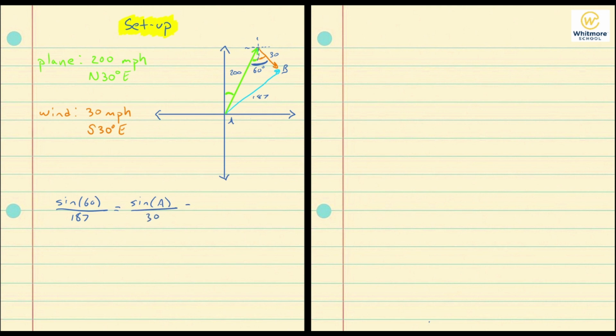And that also equals the sine of B over 200. And so by figuring out what the measures of A and B are, we can figure out the measure of the last two angles here. And I can also just figure out one of those and then do 180 degrees minus 60 minus the second angle to get the third angle.